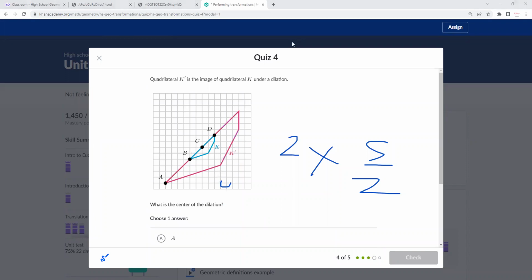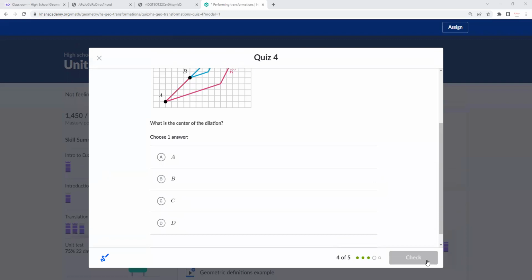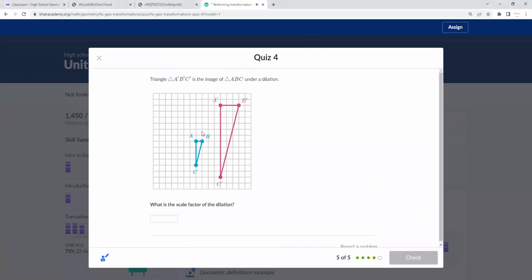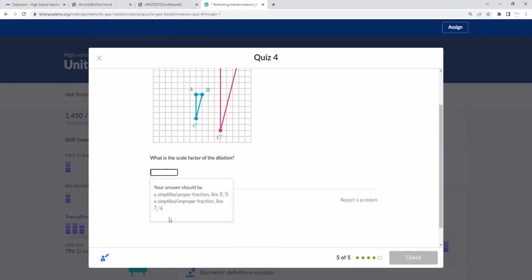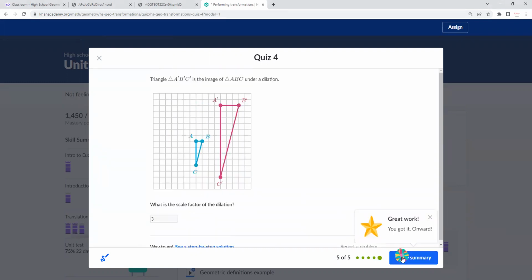What's the center of dilation? Like I said, the line has to hit the points for everything, which it does for C. C is the center of dilation. And what is the scale factor? Well, it went from 1 to 3, so 1 times 3 is 3. That's the scale factor.